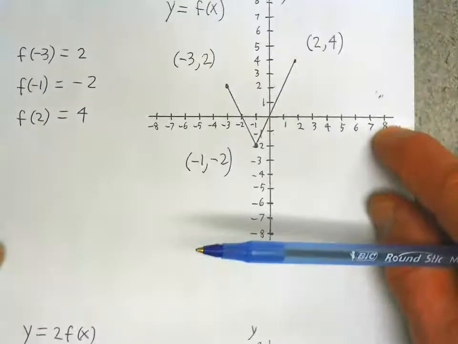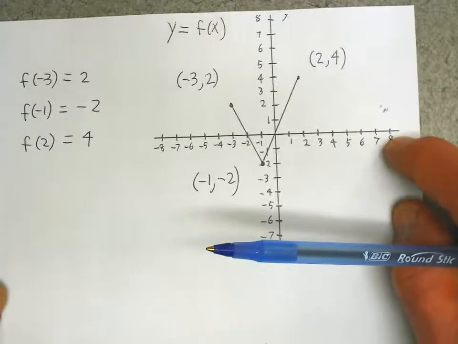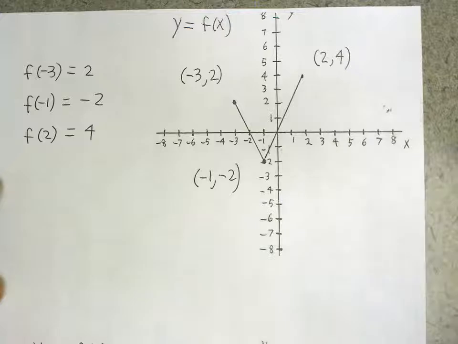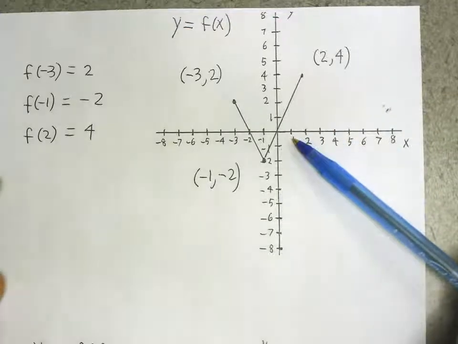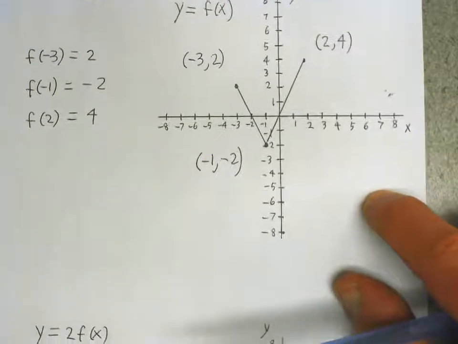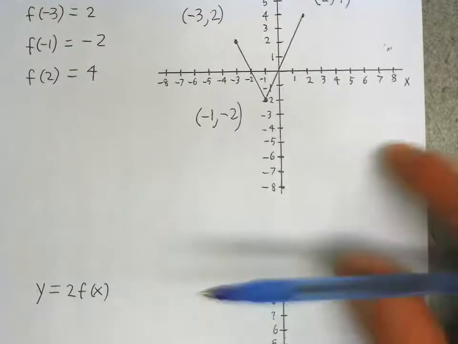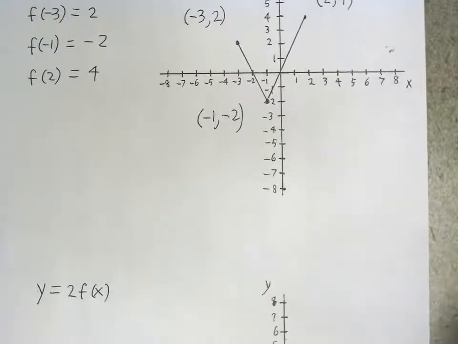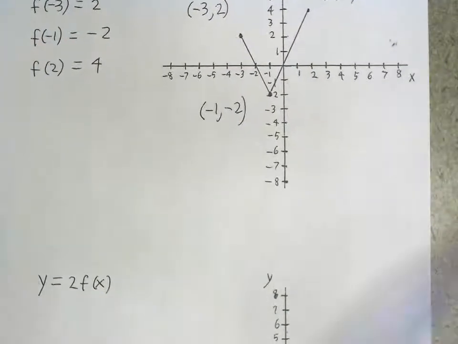Okay, so we start with the same function, y equals f of x. This is the same as the previous two, but we want to graph y equals 2 times f of x. So for this new function, y equals 2 times f of x, the domain values are not affected.